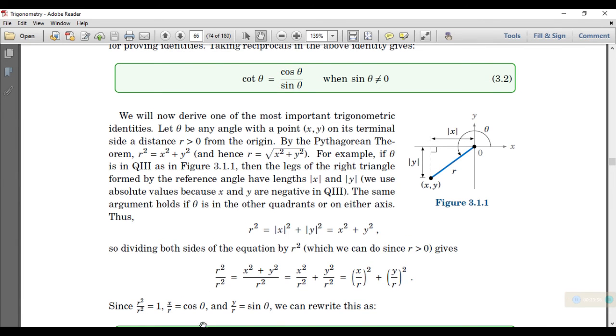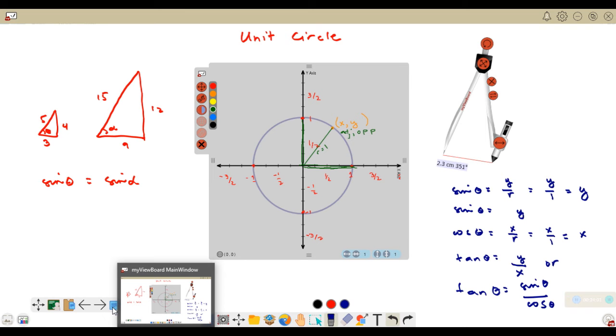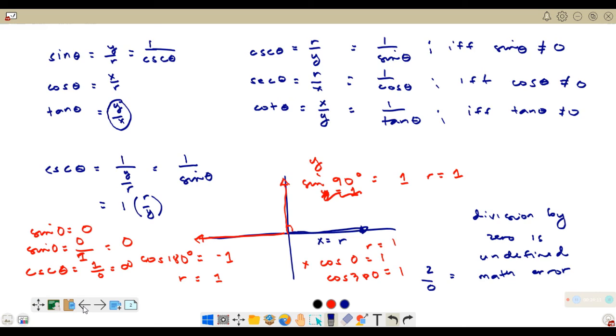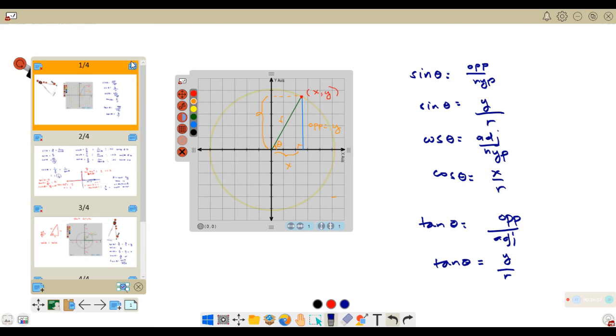Using the distance formula, lagay ko lang siya dito. Teka. Meron tayong isang ginamit kanina eh. Ito, yan. Balikan natin to. Tapos, kakopy ko siya.